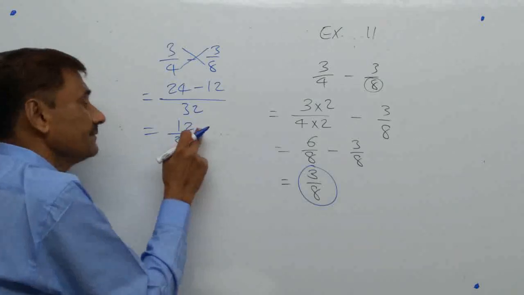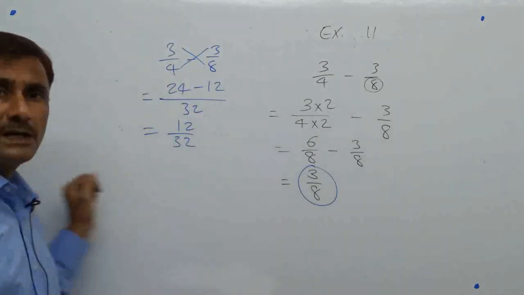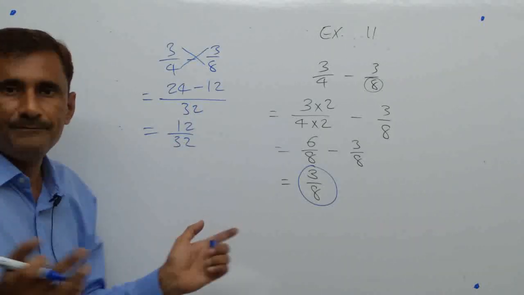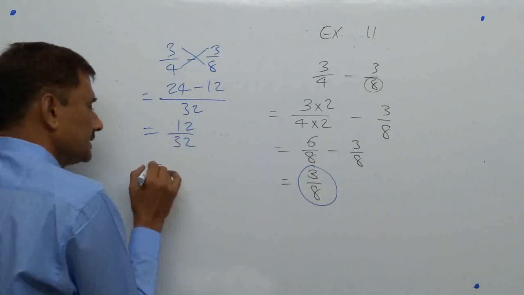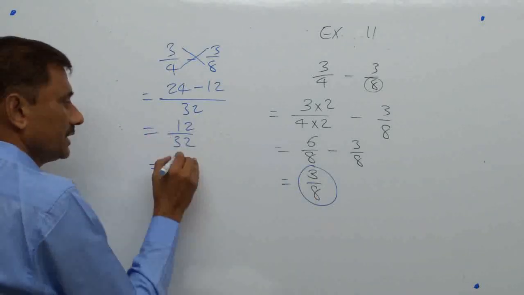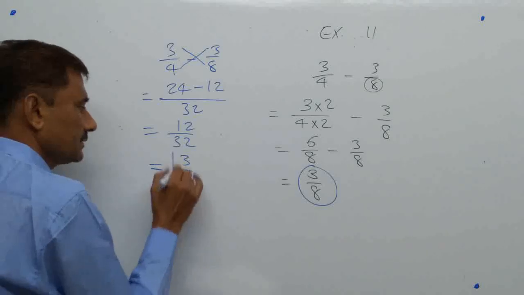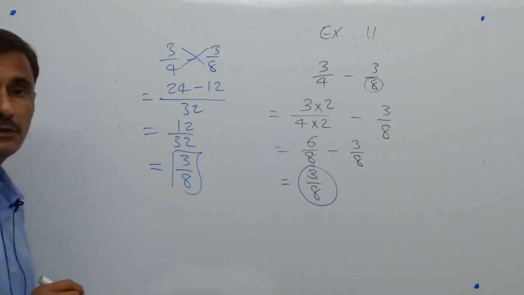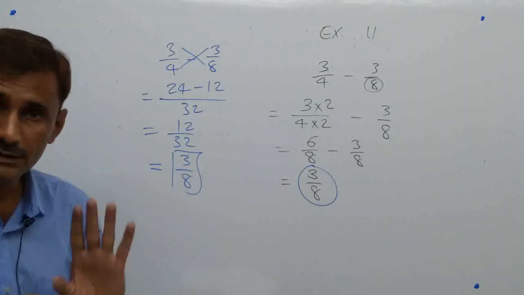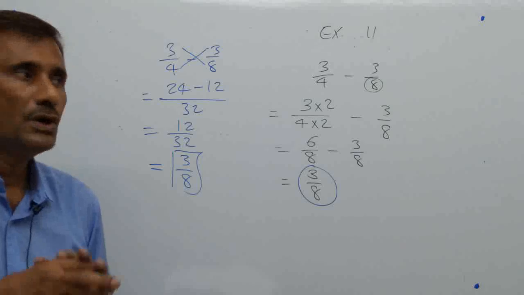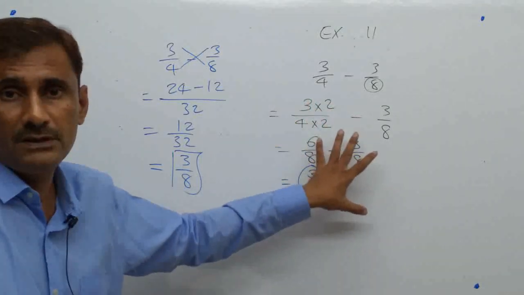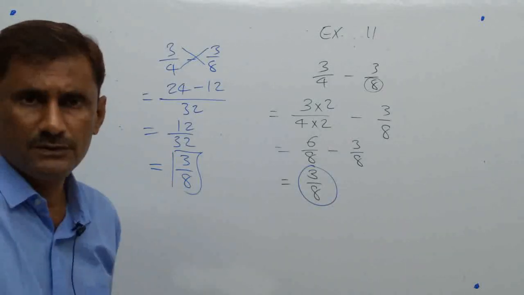Whenever you multiply cross way, one or two steps will be more. So after getting it in simplest form, the answer will be that: 4 into 3 and 4 into 8, so I divided by 4. Both ways are the same. Any one way you have to do, and I expect you should follow LCM only. It will be more useful than this one.